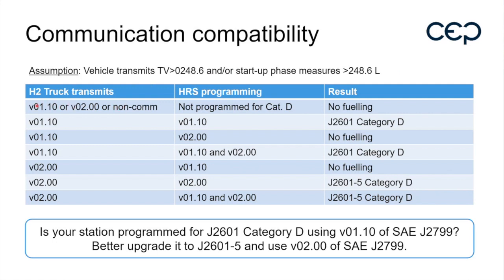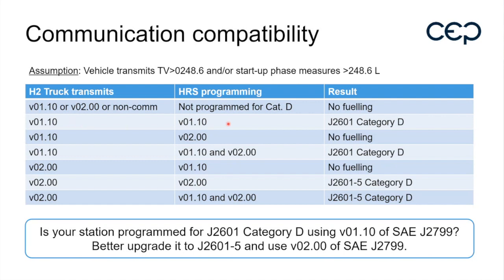Here you can see what the truck transmits. If it transmits non-com, and the HRS is not programmed for category D, then of course there will be no fueling, because this is too high a volume of tank. On the other hand, the current situation is that the truck transmits 1.10.